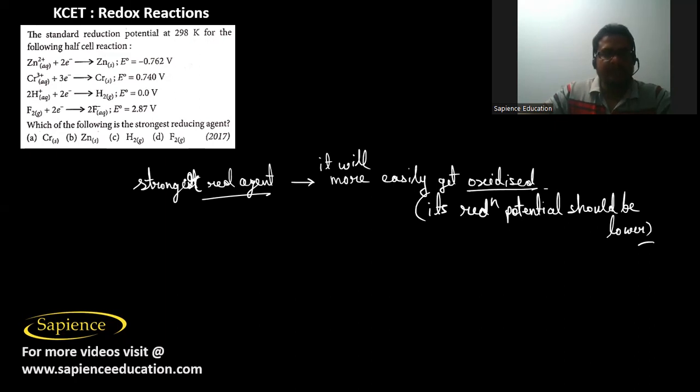So here, as we know, for zinc the reduction potential is the least, since it is negative.